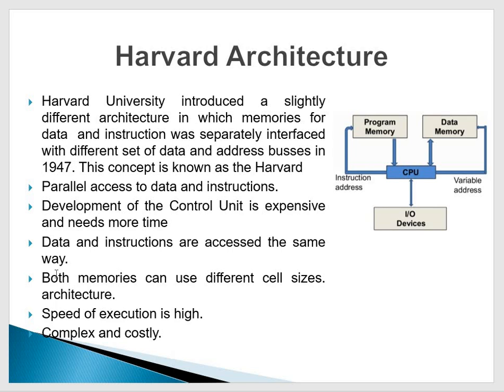Naturally, if the Harvard architecture has two different sets of address and data buses, which require extra circuitry for the control units, the interfacing diagram will become complex and its cost will be high. So this is the comparison of the Harvard architecture and the von Neumann architecture.